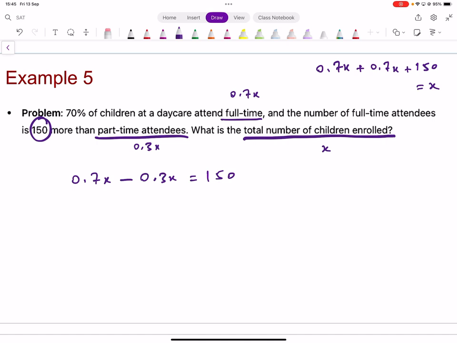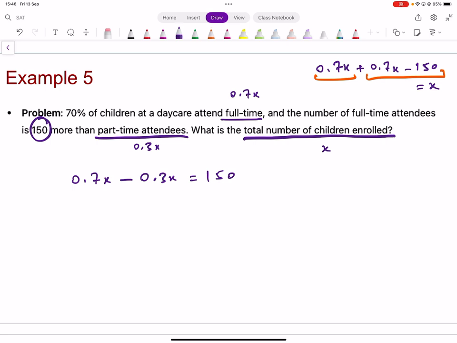Minus 150, yes. So 0.7x minus 150, that equals x. That would make sense. So you're saying this is full time and this is part time, and their sum should be x. That should work.